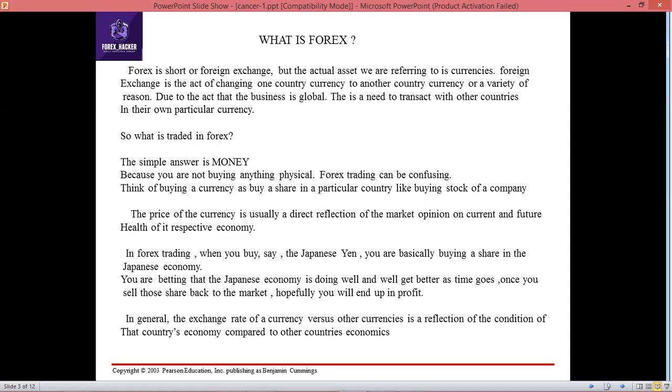You know, GBP, for example, let me use the currency pair GBP USD: Great Britain pounds and US dollars.